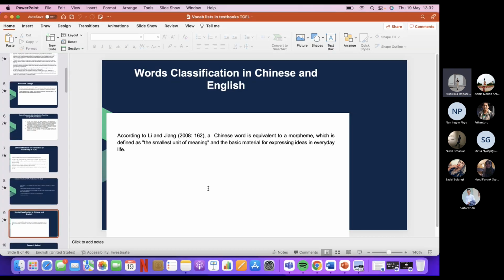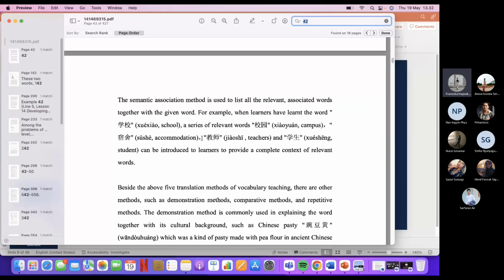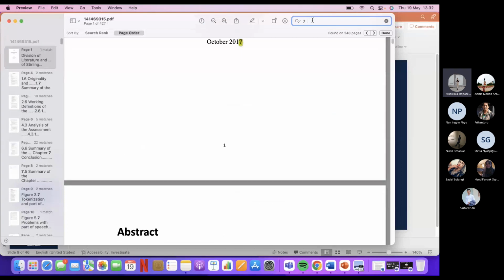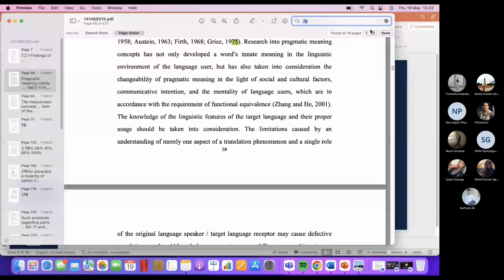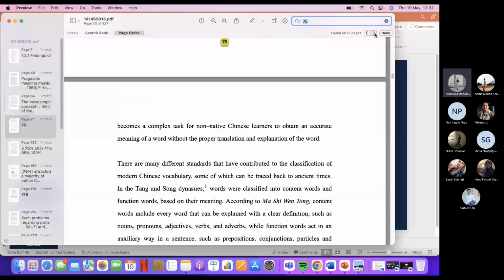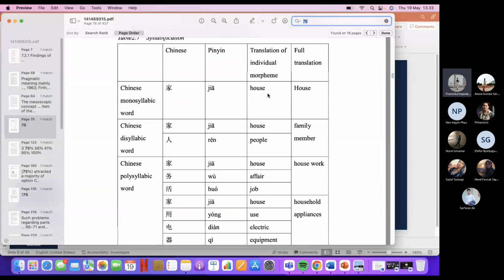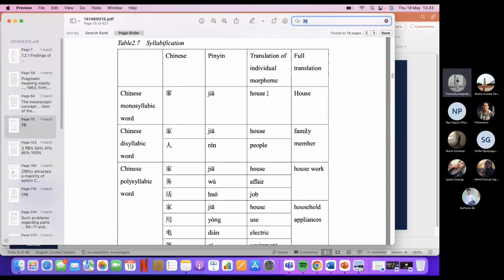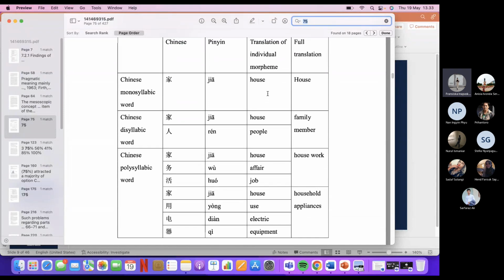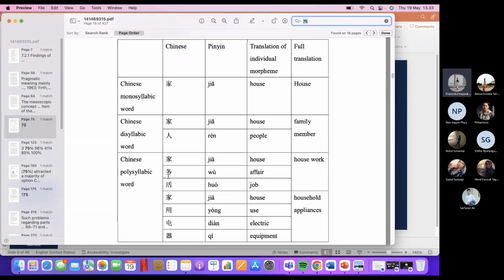For example, here I will show you. Here is the table of the syllabification. This is the Chinese, this is the pinyin, this is the translation of the individual morpheme, and this is the full translation.